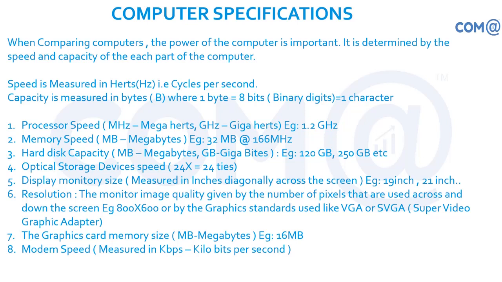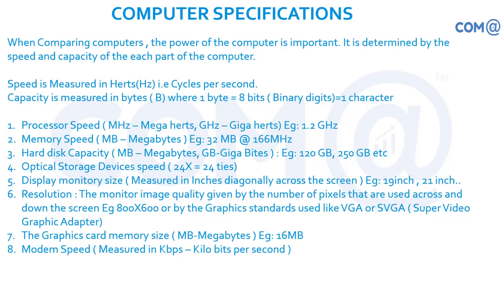Now, computer specifications. Suppose I am going to purchase a computer, I should specify all these parameters. This is very important, because while purchasing we need to know what is required, what is not required, and what importance to give, which we can understand from this topic. When you are choosing the processor, it is mentioned in megahertz or gigahertz.